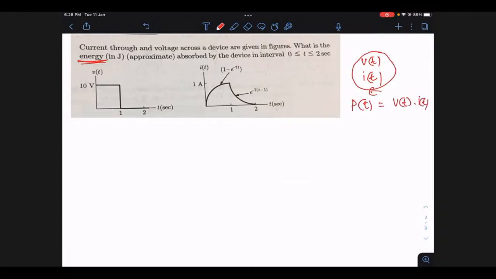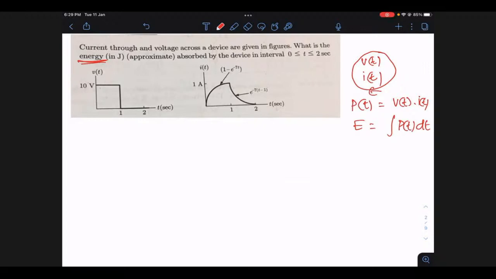And I hope you know the relation between energy and power. If p(t) is this, then if I integrate the power, I'll get the energy. So energy and power are related by this integration relation. Energy is the integration of power, or power is the differentiation of energy.